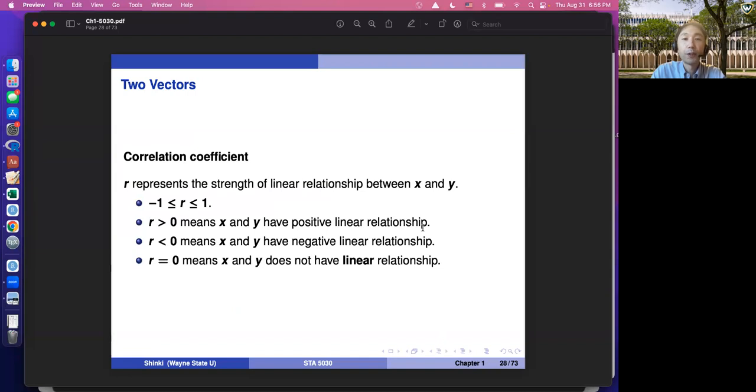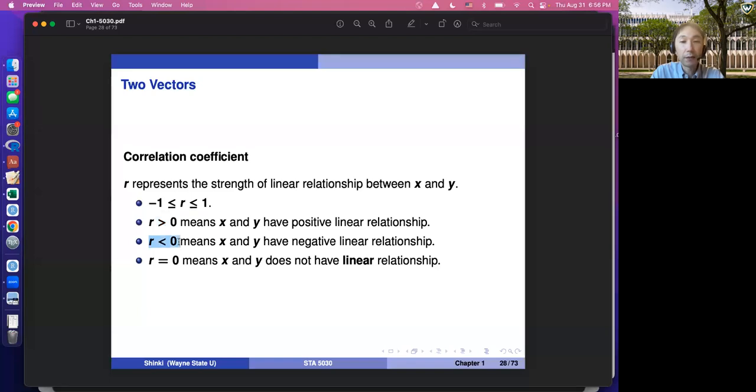So the correlation coefficient has this property. It is usually denoted as r for the sample case, and r is always between -1 and +1. You can prove it by the Schwarz inequality if you would like. When r is positive, x and y have a positive linear relationship: when x is larger, the corresponding y value is likely to be larger.